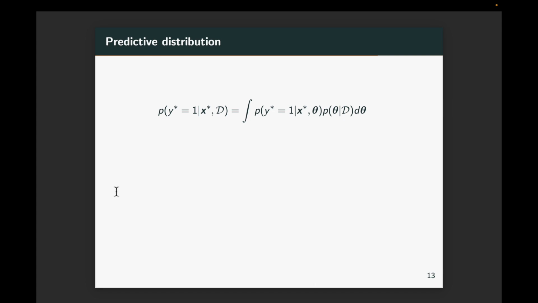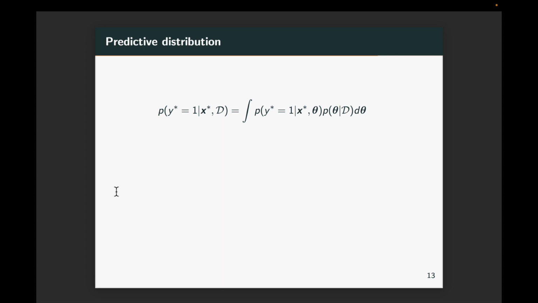In the case of linear regression, we just used to write p of y star given x star comma d. But here, because it's a classification problem, we are looking at p of y star equal to 1, p of y star equal to 0. So we'll write p of y star equal to 1 given x star comma d as the integral of, you have to introduce theta and integrate out theta. So bring in theta and integrate it out.